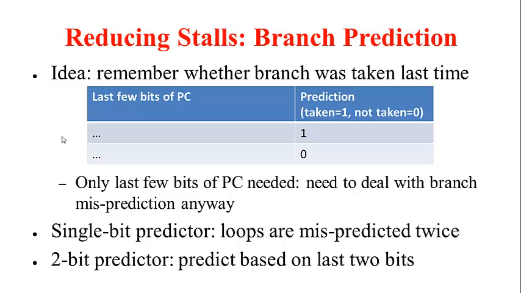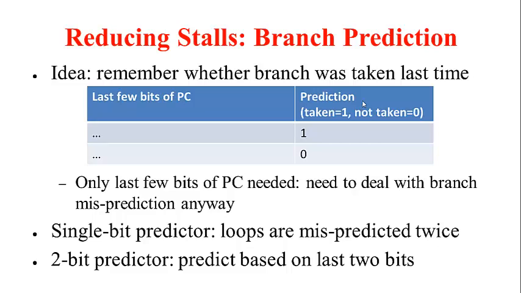In implementation, it is common to use only the last few bits of the PC for maintaining this prediction mapping, because anyway this prediction is a guess and the hardware needs to deal with cases when the guess is not correct. So branch prediction is nothing but a slightly more sophisticated version of the previous solution where we always assume that the branch is not taken. Here we are going to assume the branch is taken or not taken depending on whether or not it was taken in the previous execution of the same branch.